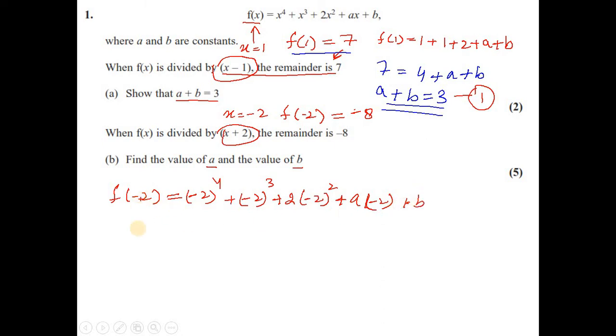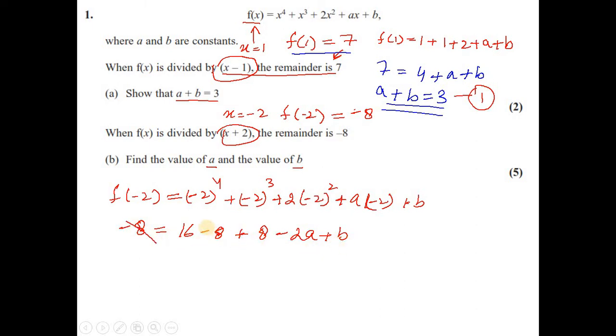And f(minus 2) is minus 8, equal to minus 2 to the power 4, which is 16, because of even power the minus is gone. And 2 to the power 3 is 8, and the minus stays, so minus 8. And due to the square the minus is gone, so plus 8, and minus 2a plus b.